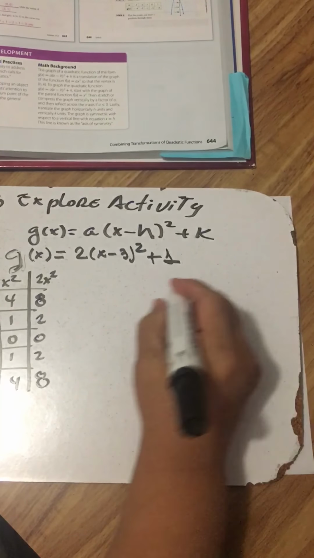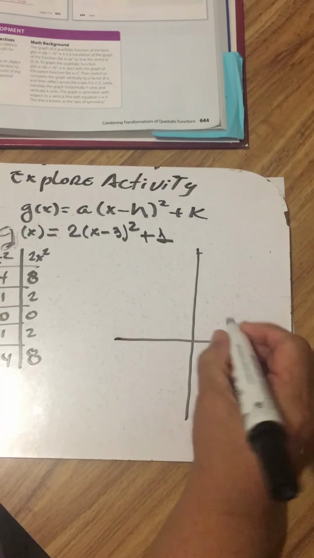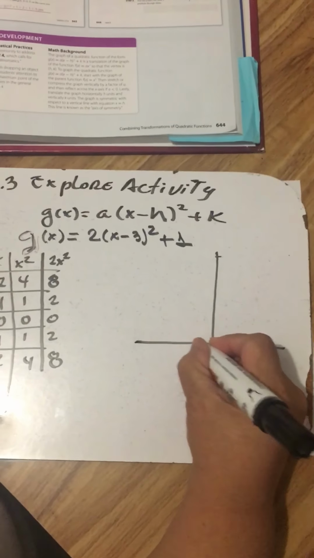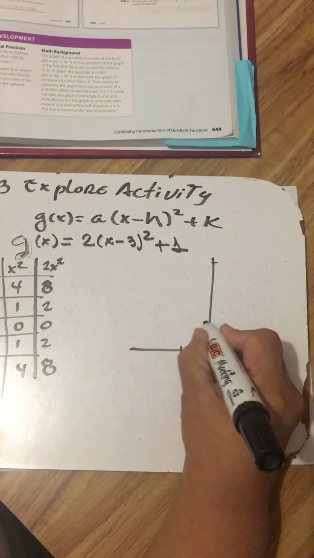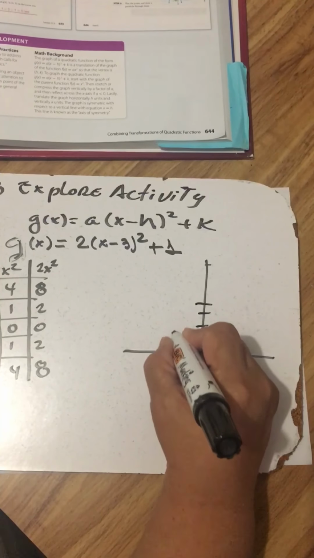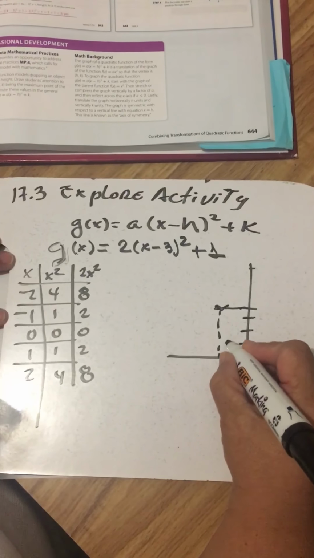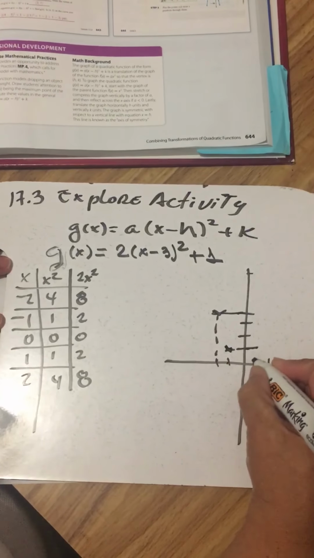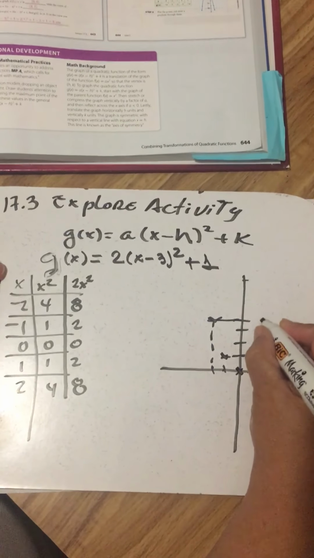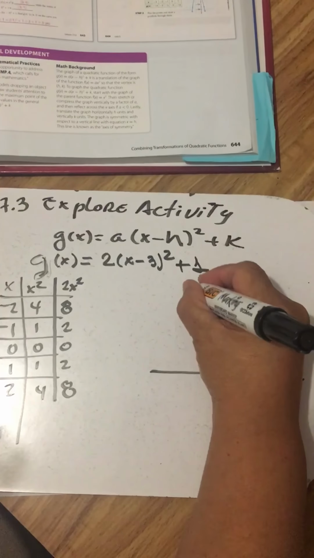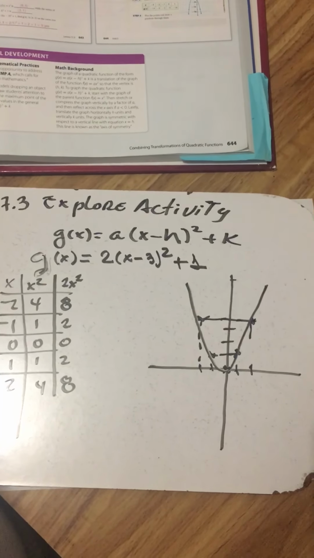We're going to do the graph. The parent graph has the points minus 2 and 4, minus 1 and 1, 0 and 0, and the others. Here is the parent graph.